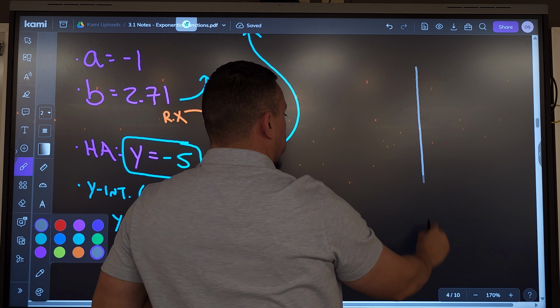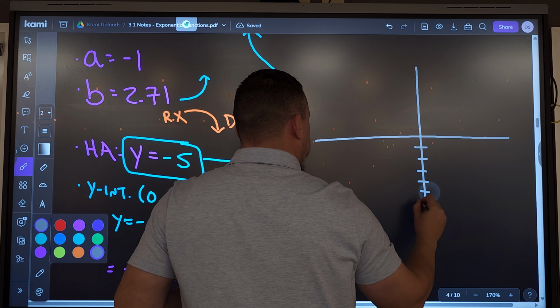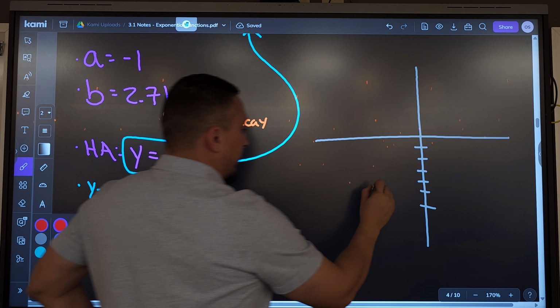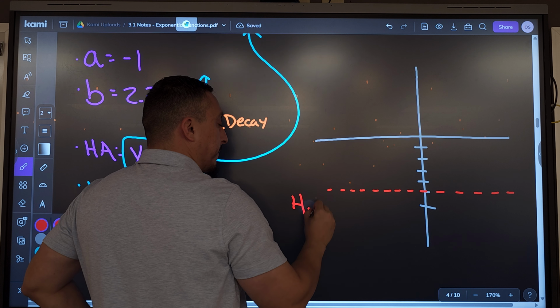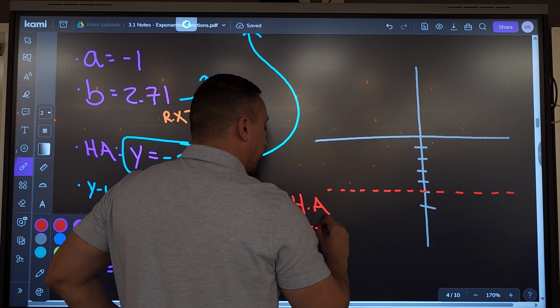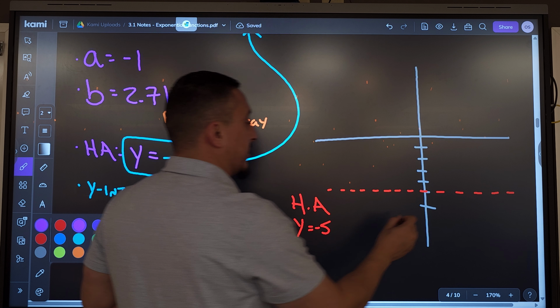We can sketch. So 1, 2, 3, 4, 5, 6. At -5, there's my HA. I know it has to touch the y-intercept, so it has to touch this spot.